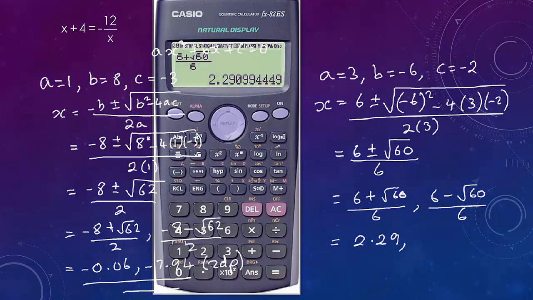And then all we need to do is go back and edit the plus sign there, make it into a minus, and that gives me negative 0.29, giving both of those two decimal places.